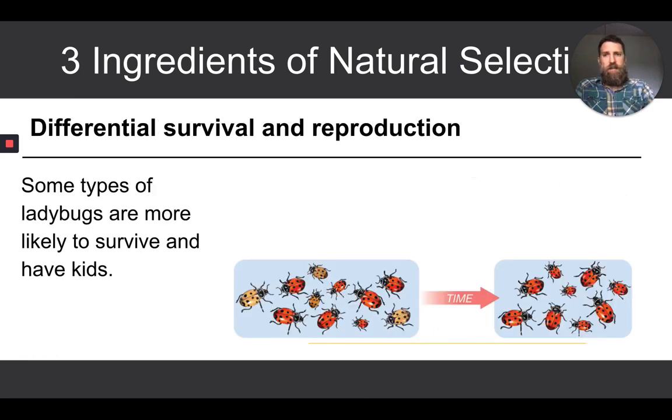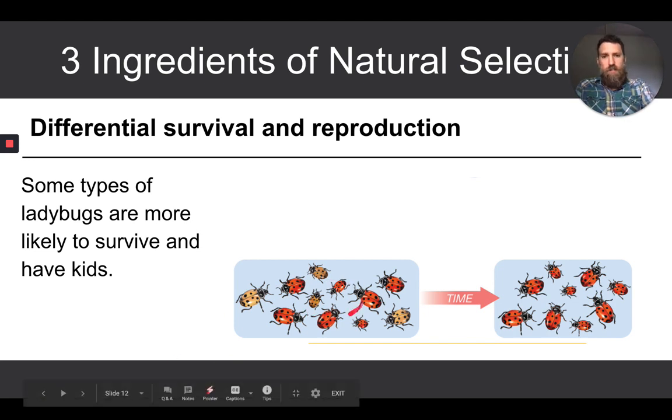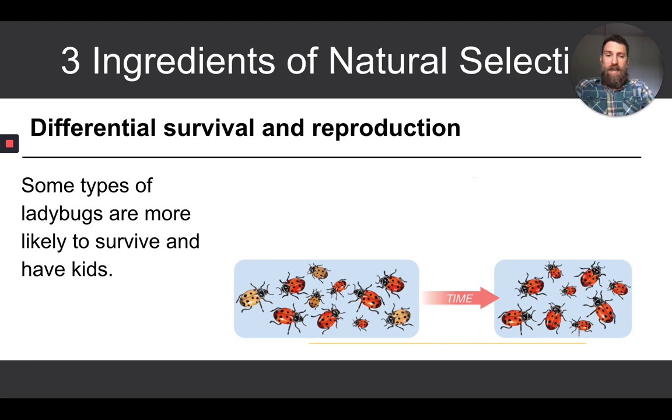The third ingredient, differential survival and reproduction. So, as we can see here, moving from one generation across time to a subsequent generation, we see a difference in the composition of characteristics. In this case, we've lost all of our orange ladybugs.